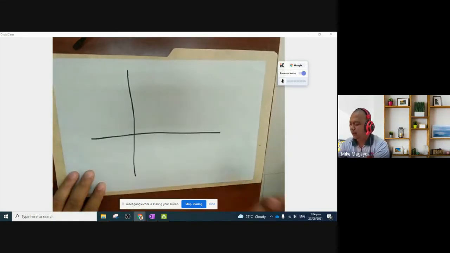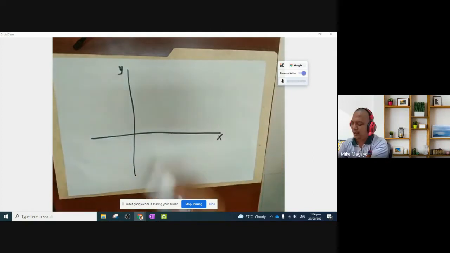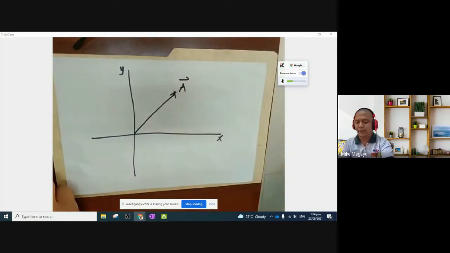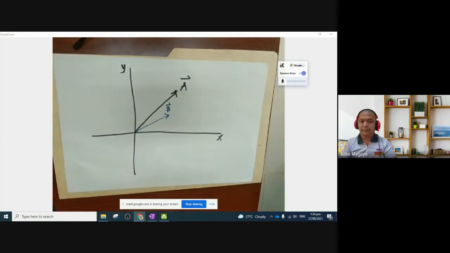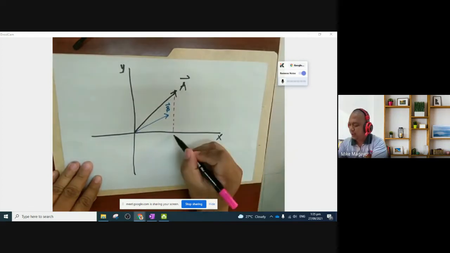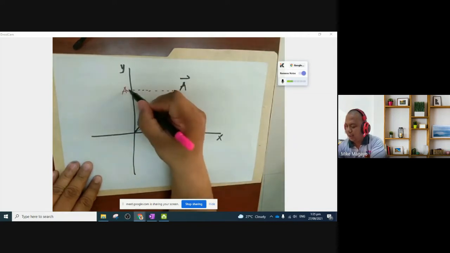Okay, so for example, you have xy. So this is the x-axis, y-axis, and then let's have a vector A, and then let's consider a vector B. Okay, that's our vector B. Now we could determine the component of vector A along the x-axis to be this much, and this would be Ax, and then along the y-axis, its projection is Ay.